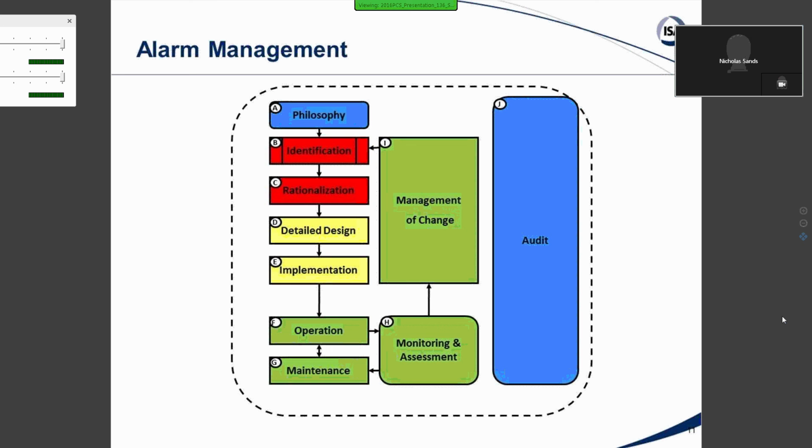And they started doing work on alarms and instrument signals back in the 40s and 50s, and there were some recommended practices in the 70s, and it wasn't until the 2000s that we really tackled the issue of alarm management.